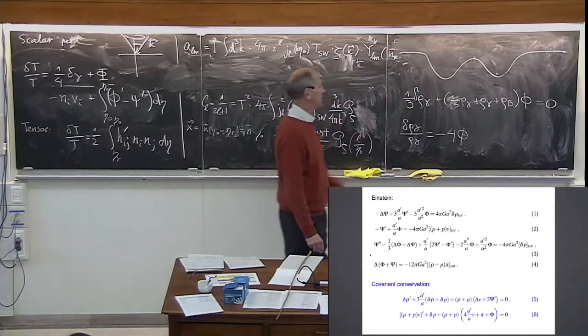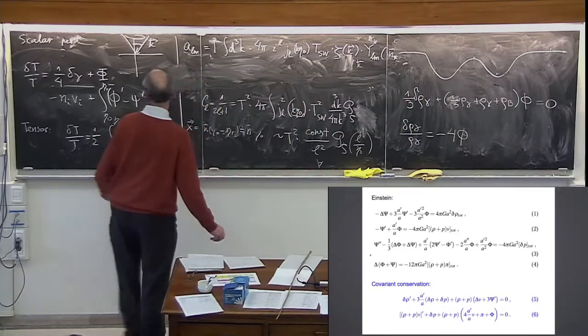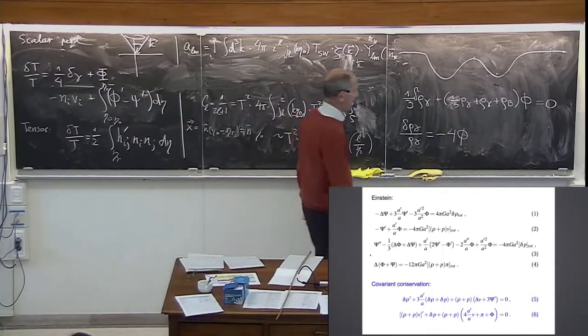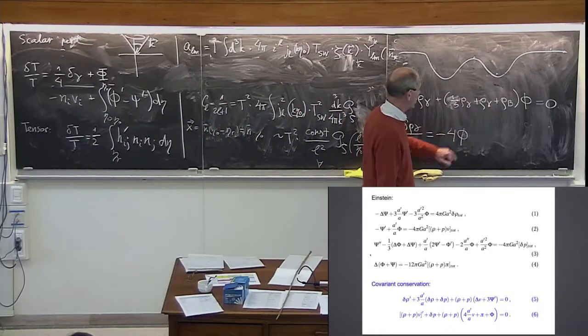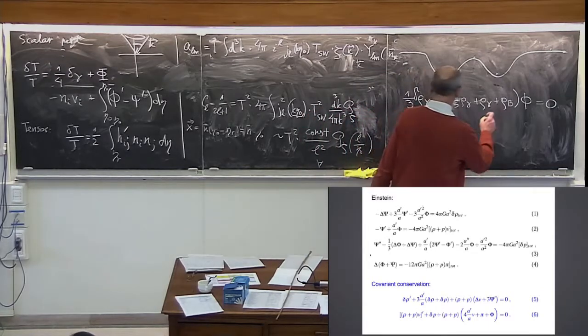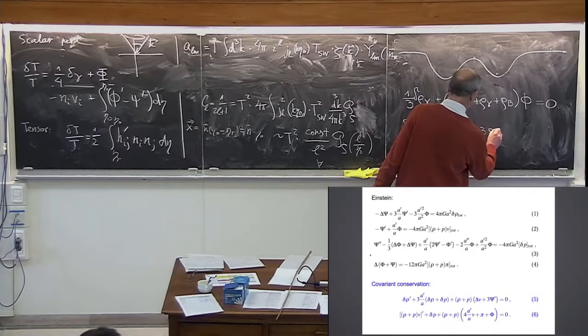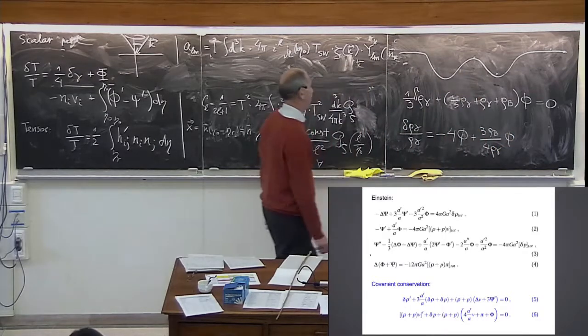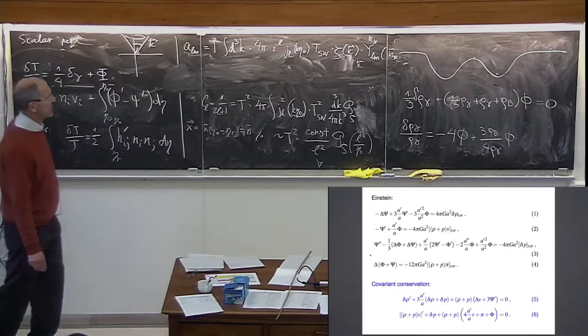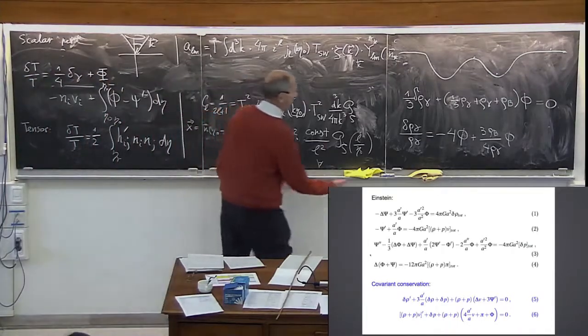For a pure photon gas, this will be minus 4 phi, and there will be cancellation, complete cancellation, in this constant part, the non-oscillating part of the Sachs-Wolfe effect. And then there is this term here, which is plus 3 rho baryons over 4 rho gamma times phi. Okay? And this is delta gamma.